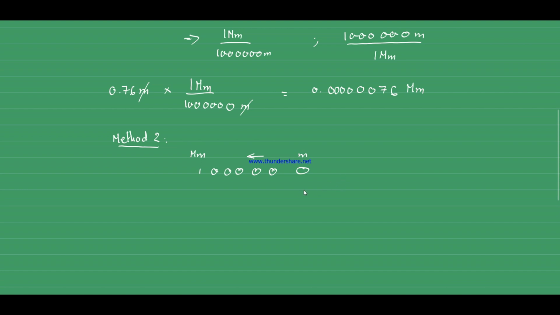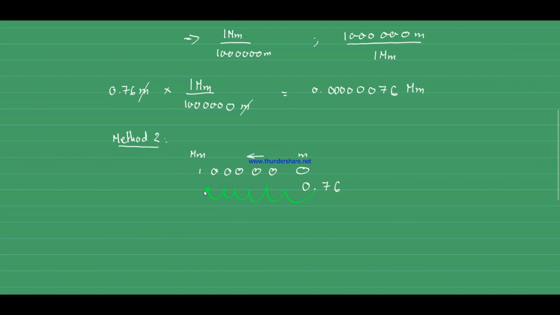So you put the decimal point right at the meter column, and then you start moving. You move this one over here, then jump after this 0, then jump after this 0, then after this. Okay, we reach the megameter, we stop, so the decimal point is here.